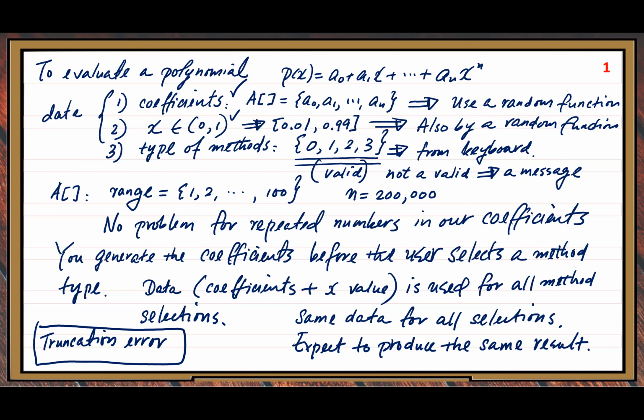You give an option other than these 4 options. All remaining cases, you put in one special case, and you output a message telling your users you need to select one of the 4 numbers.